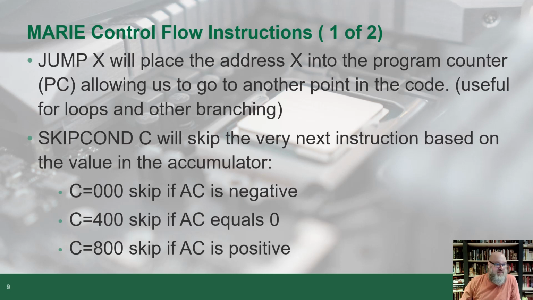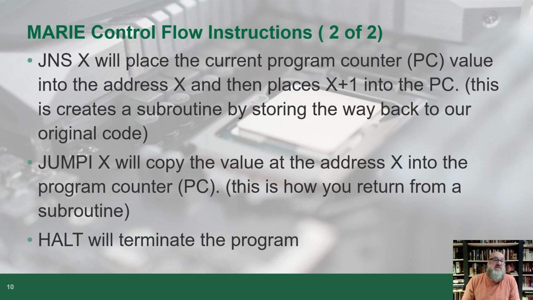We also have some ability to build subroutines. And so we have a jump to subroutine, which is a little more complex. We probably won't be playing with this, but I want you to be aware of it. Basically we're going to take the current program counter value and store it into whatever address we give it.